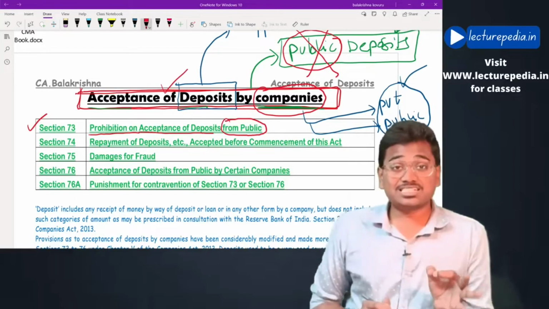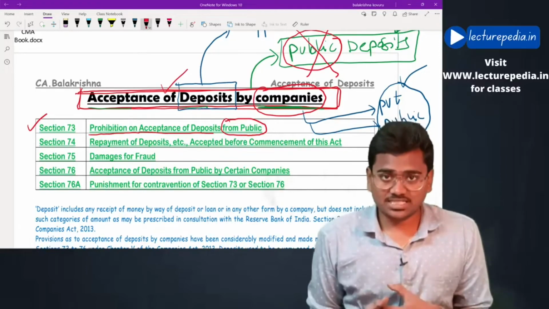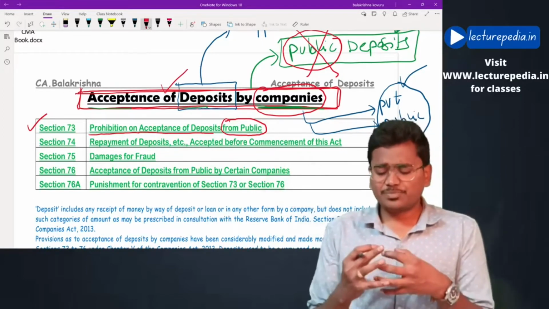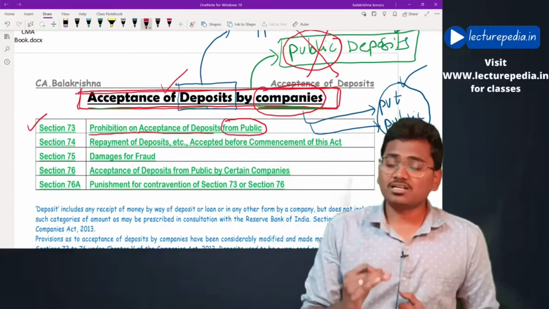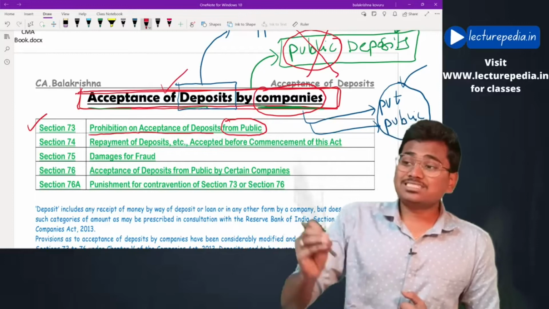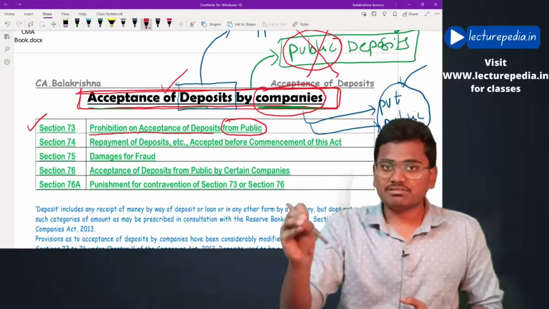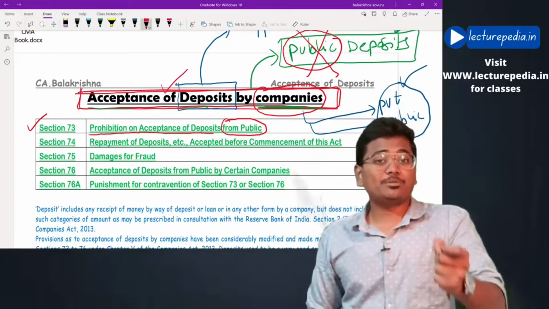Section 73 prescribes a procedure for raising deposits, and it also says that deposits cannot be raised from the public.